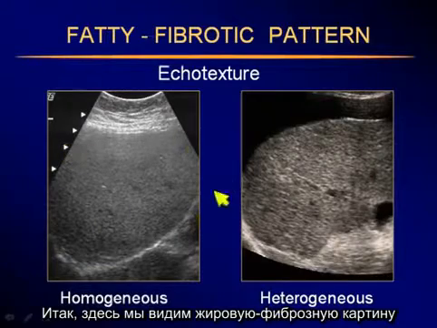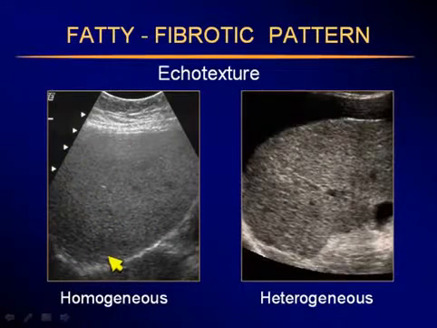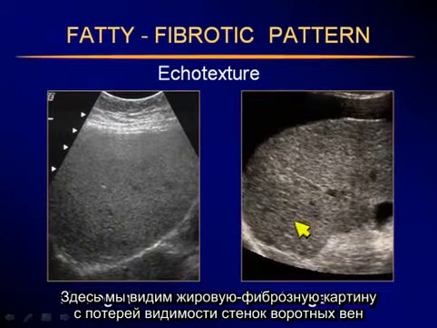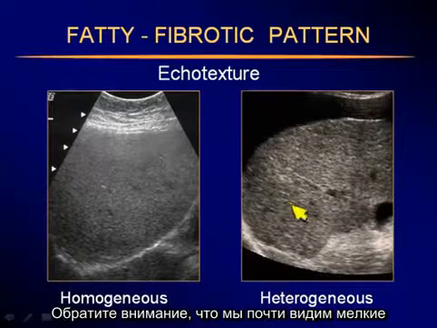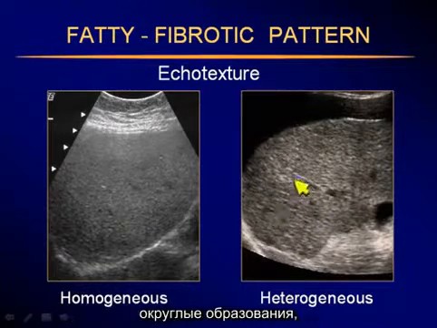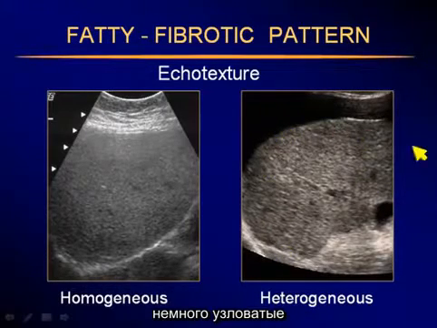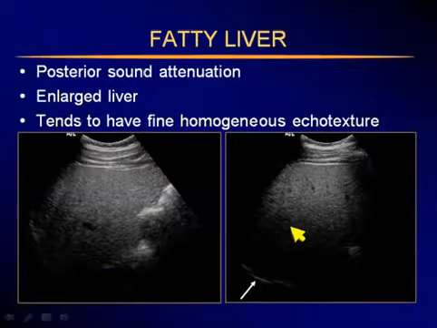So here's the fatty fibrotic pattern with the homogeneous echo texture. Here's the fatty fibrotic pattern, loss of portal vein walls, with the heterogeneous pattern. Notice we almost see little tiny rounded masses throughout, a little bit nodular. That's what gives it this heterogeneous appearance.